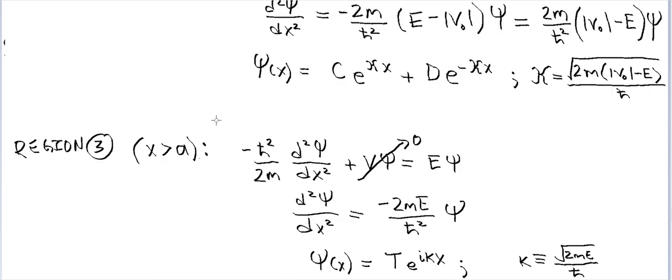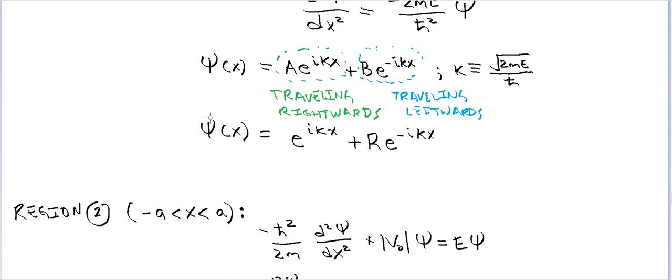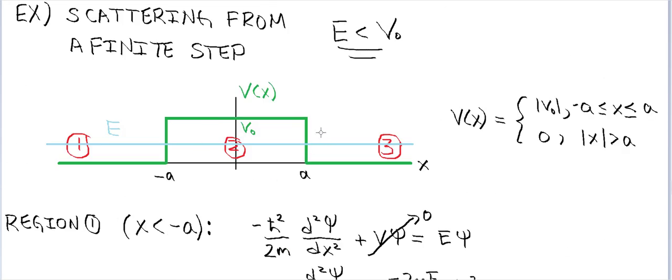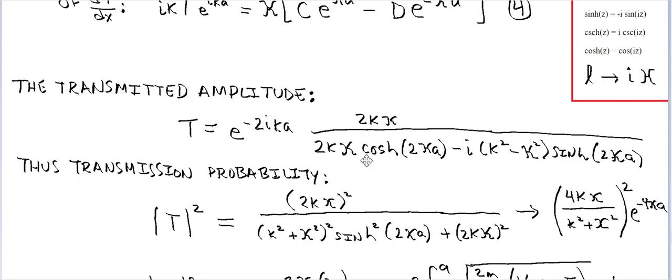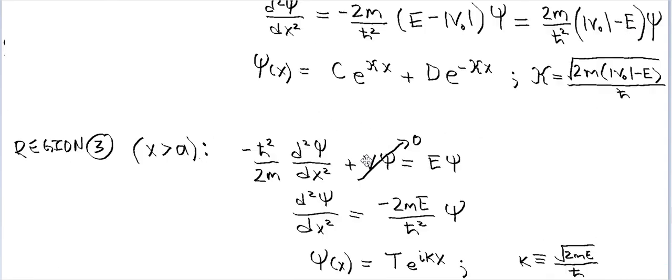Okay, so region 3 looks a lot like region 1, right? If we come back here, the potential is the same. We're dealing, presumably in our simple model, with a potential that is symmetric about the origin.